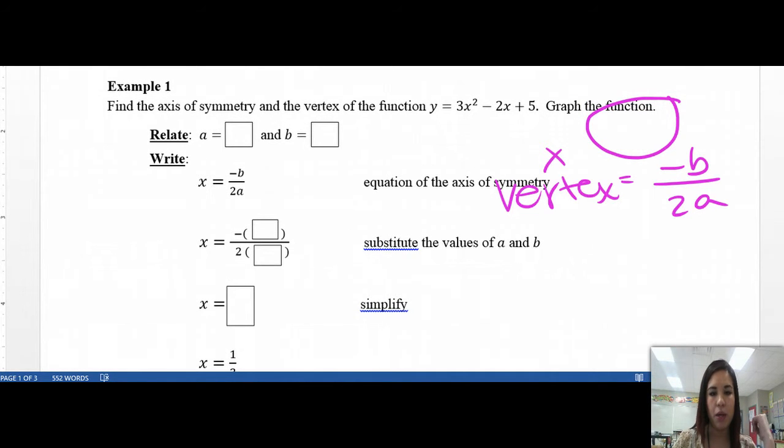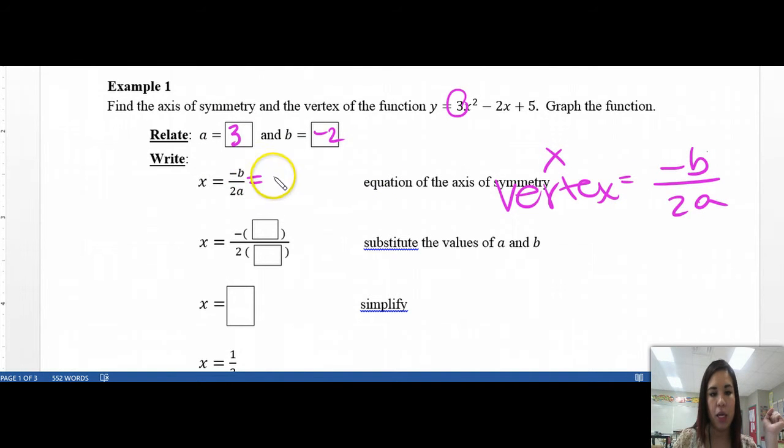In example 1, they want us to look at this and graph it. So we need to identify a. a is 3, b is negative 2, and c is 5, but we don't need c in this case. So we're going to find the x value of the vertex. We plug it in, negative b over 2a.